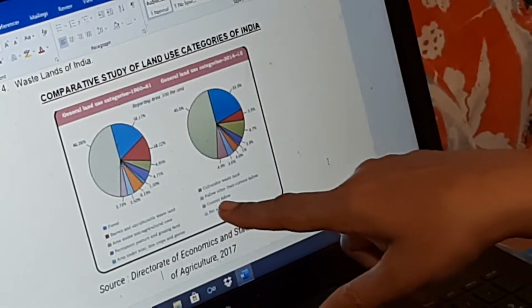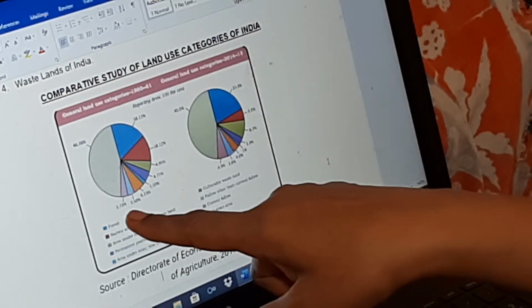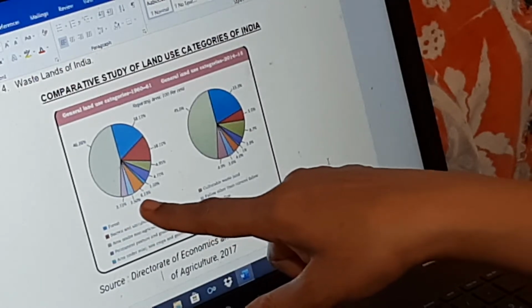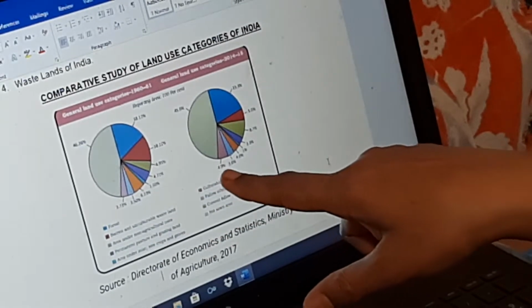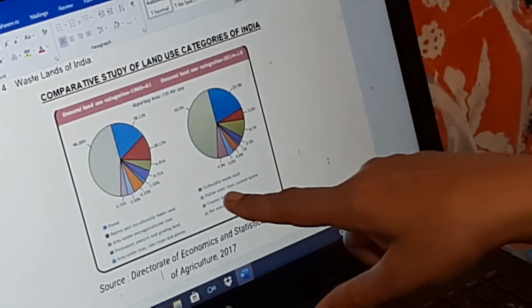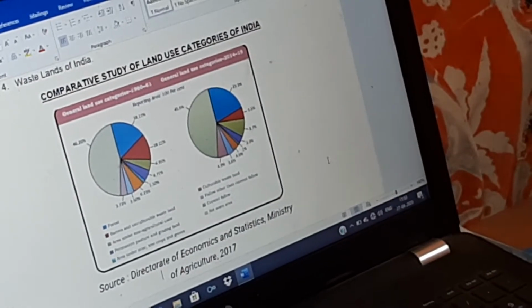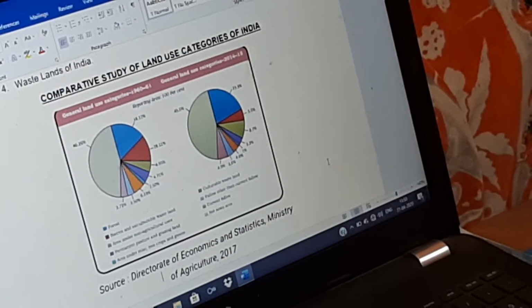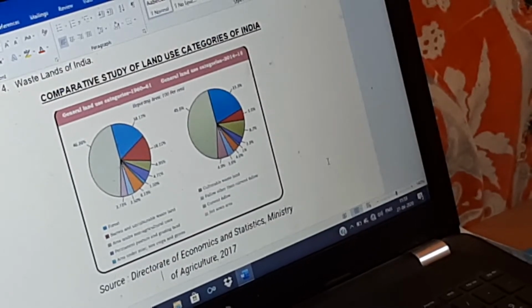Next comes the fallow lands. Earlier they were 3.73 and 3.5, which have increased in both the cases, whether it is current fallow or other than current fallow. Now the fallow lands which have increased come under the part of the marginal farmers. Why?